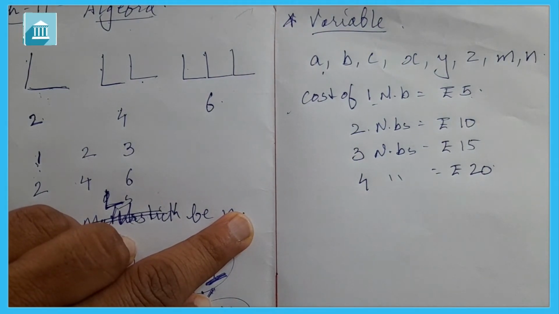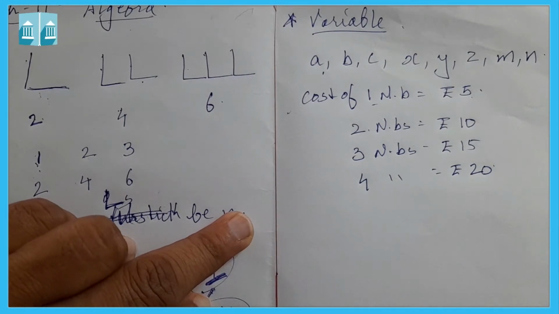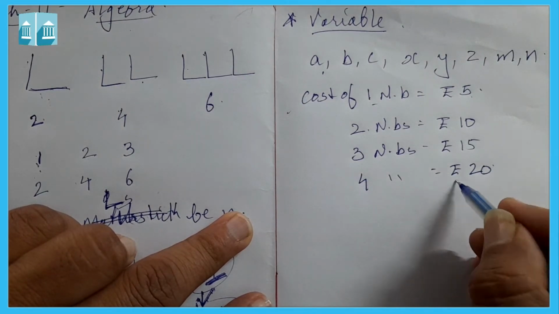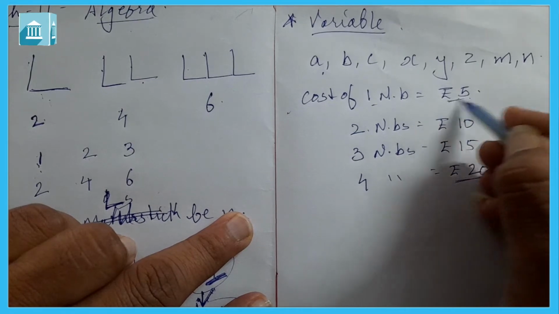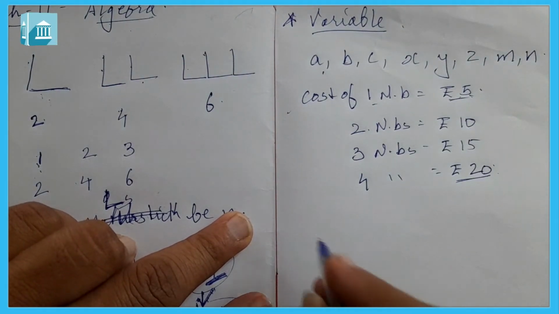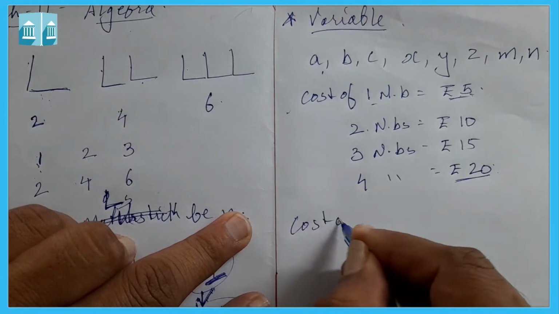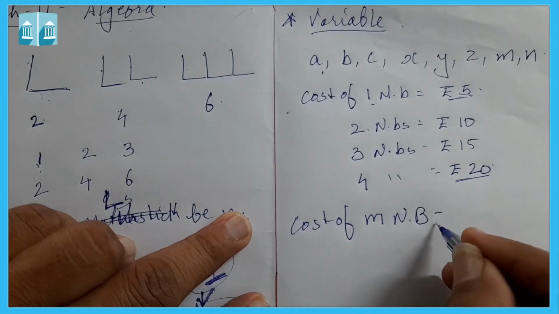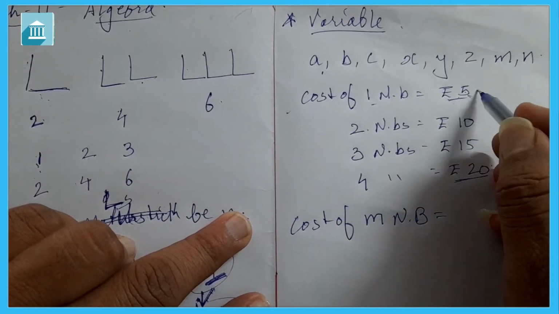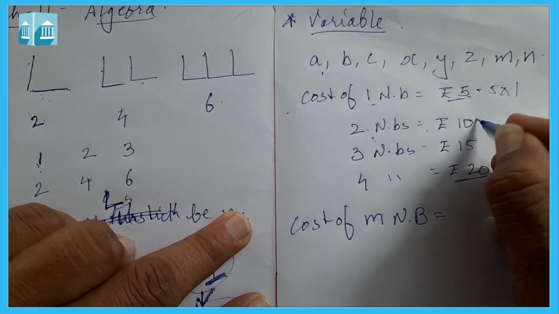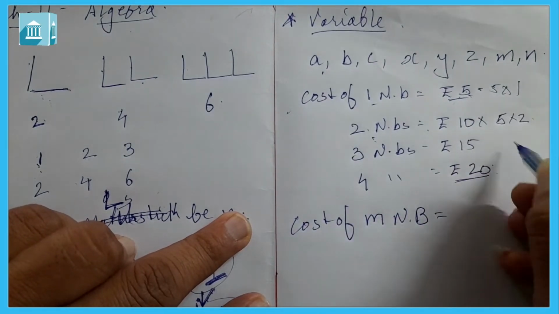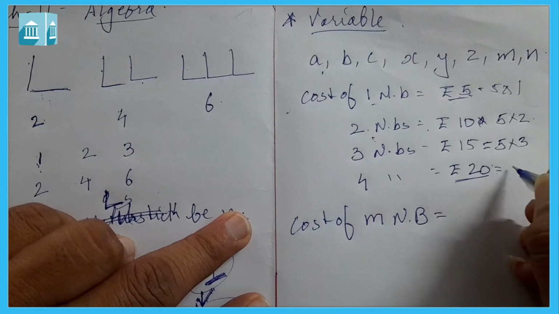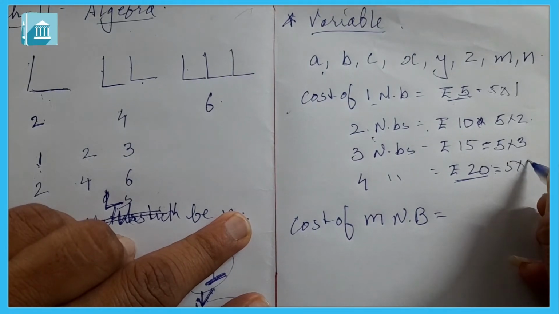Here, if we want to find out the cost of M notebooks, that is any number of notebooks, then the cost will be, here we see that 1 notebook costs 5. So what will be the cost of M notebooks? Here we are seeing that it is 5 into 1, if 2 then 5 into 2, if 3 then 5 into 3, if 4 then 5 into 4.